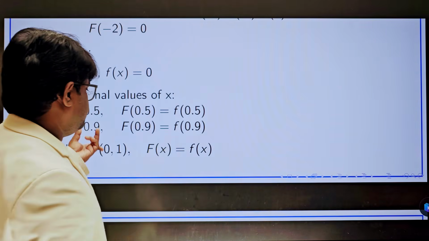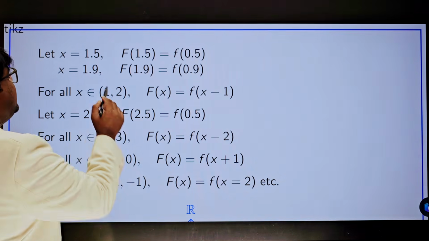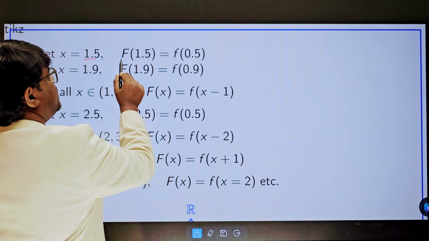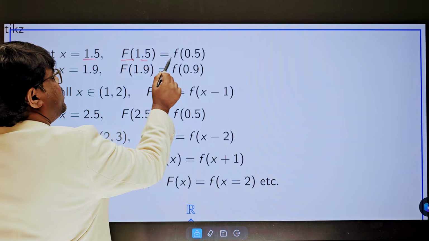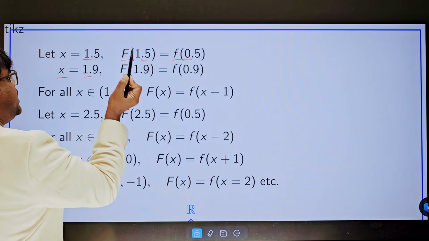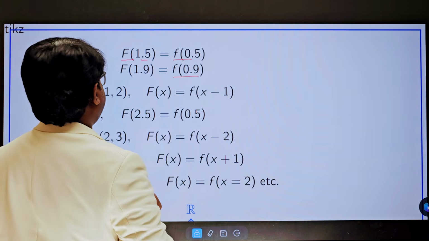Again, let x equal to 1.5, put in equation 1, you get capital F of 1.5 equal to small f of 0.5. Put x equal to 1.9 in equation 1, F of 1.9 equal to small f of 0.9.